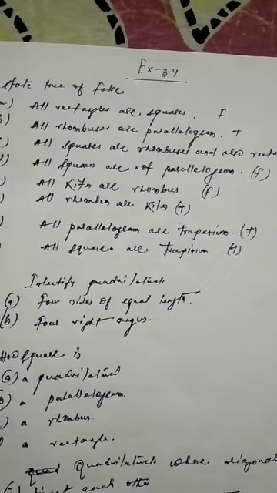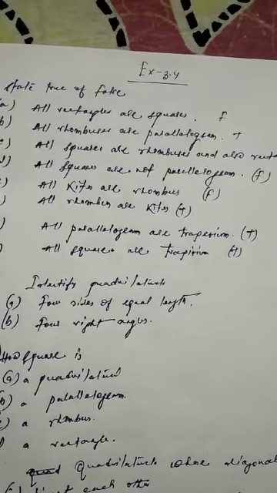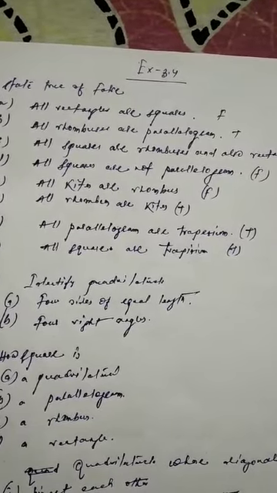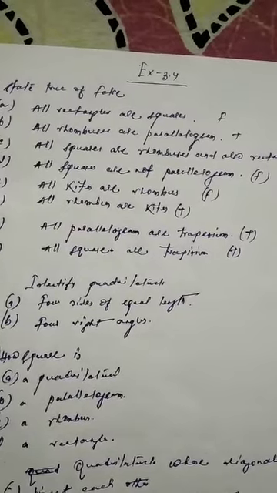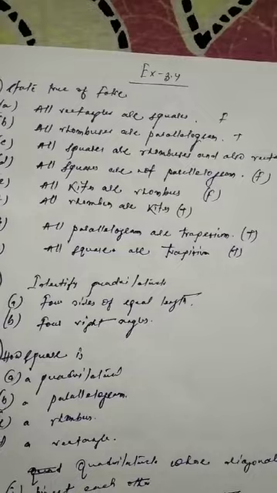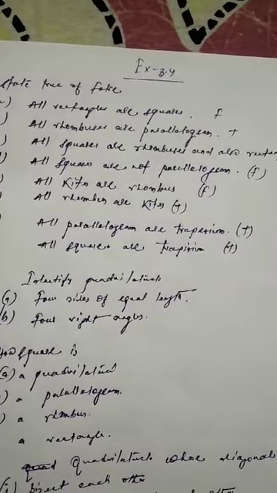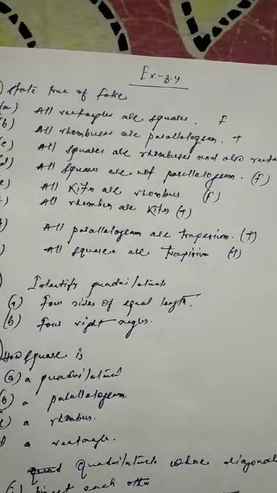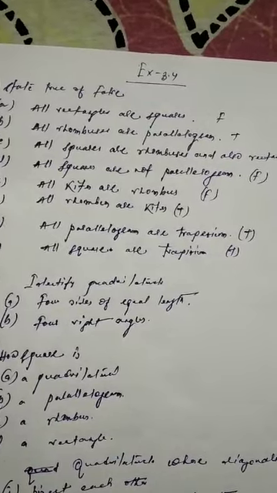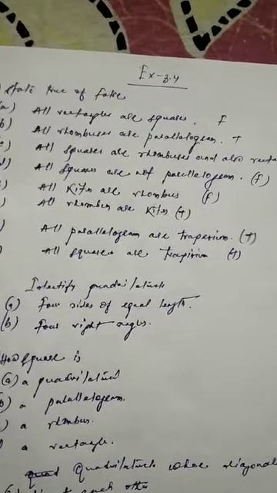In kites only one pair of opposite angles is equal, but in a rhombus both pairs of opposite angles are equal.